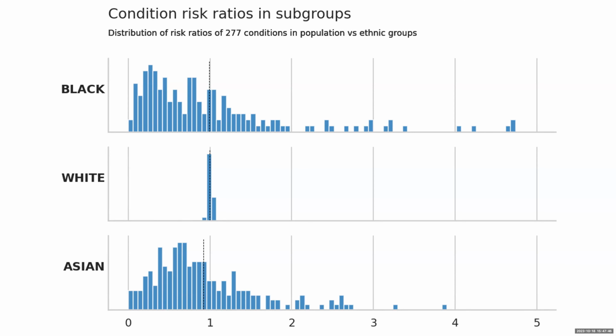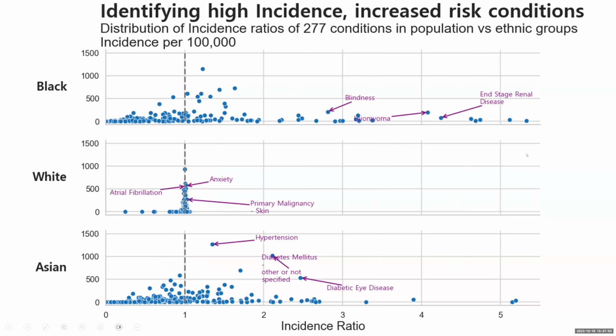And then if we want to see what those individual diagnoses might be, we can plot both the actual incidence rate on the y-axis as well as the incidence ratio on the x-axis, and look at what conditions might be increased both in the incidence ratio on the x and that are high incidence on the y, suggesting important health problems that are increased in incidence.